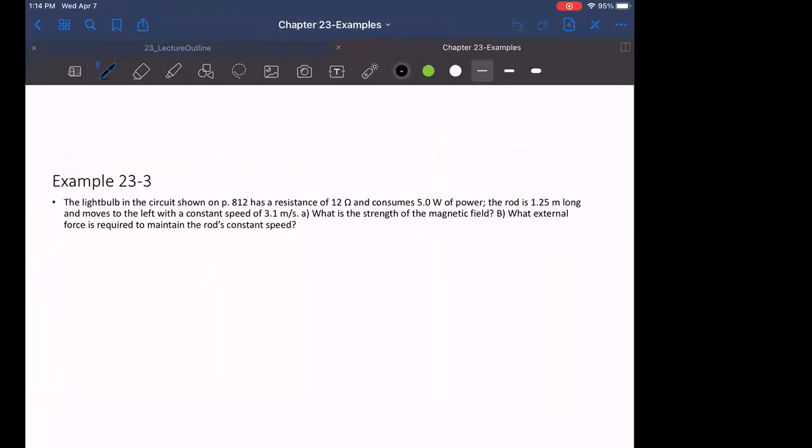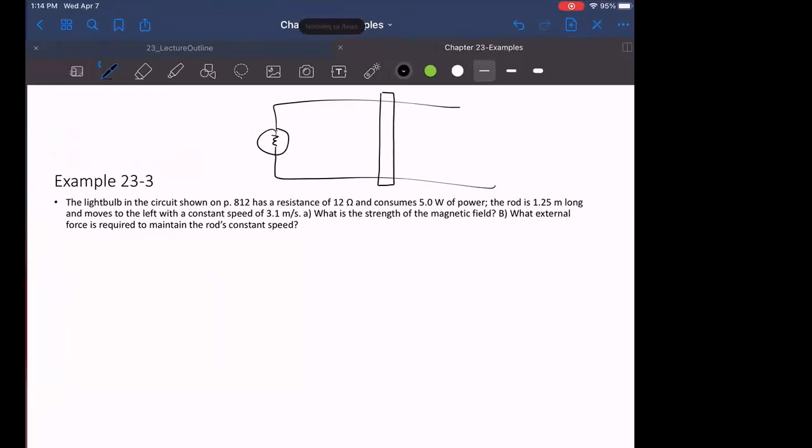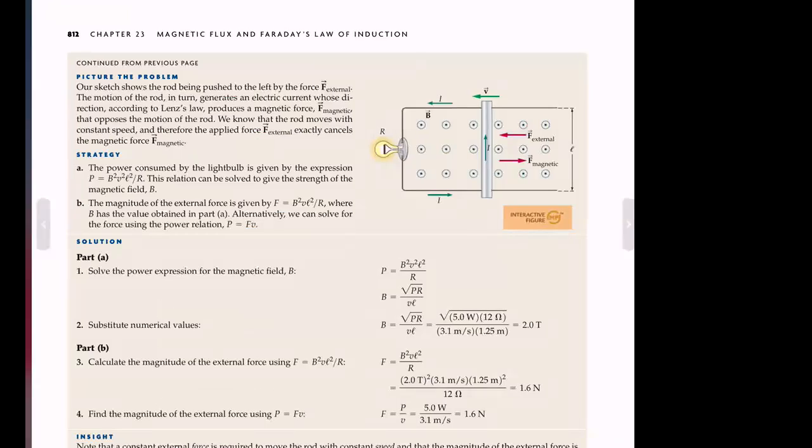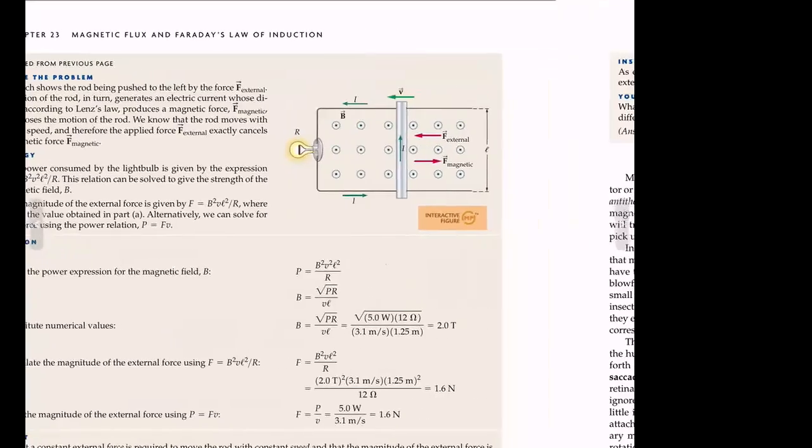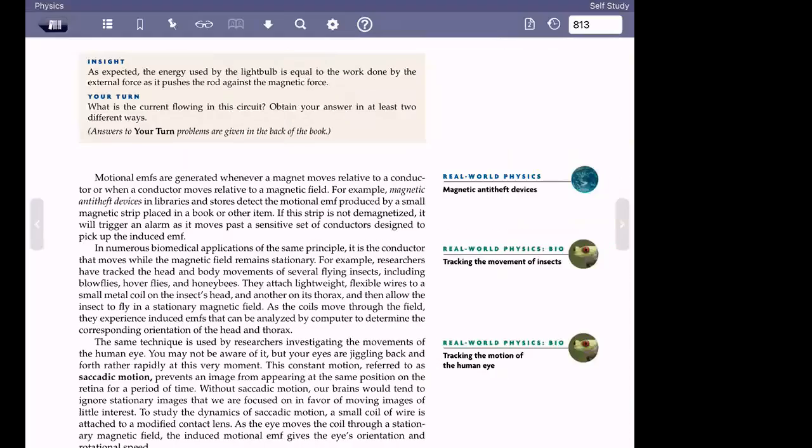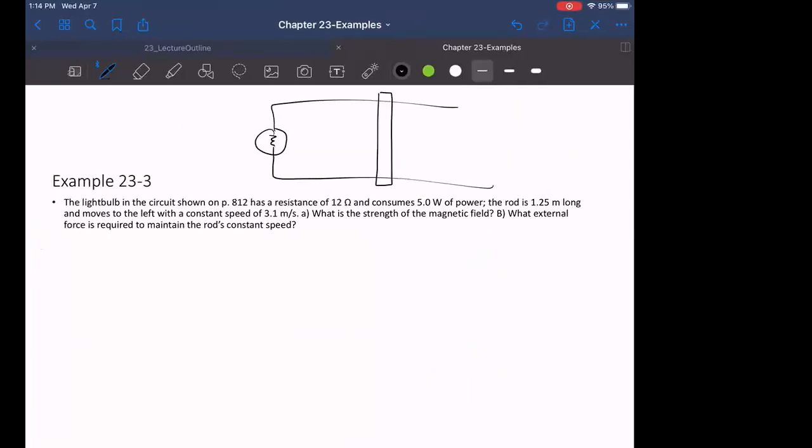So we've got a bulb, which is just a resistor that emits light. We've got this, and we've got a bar. The magnetic field is pointed out.